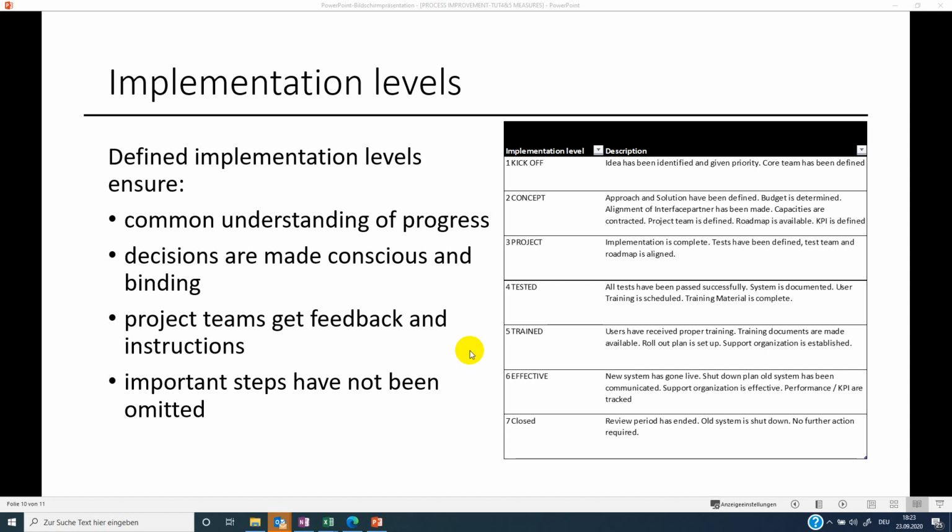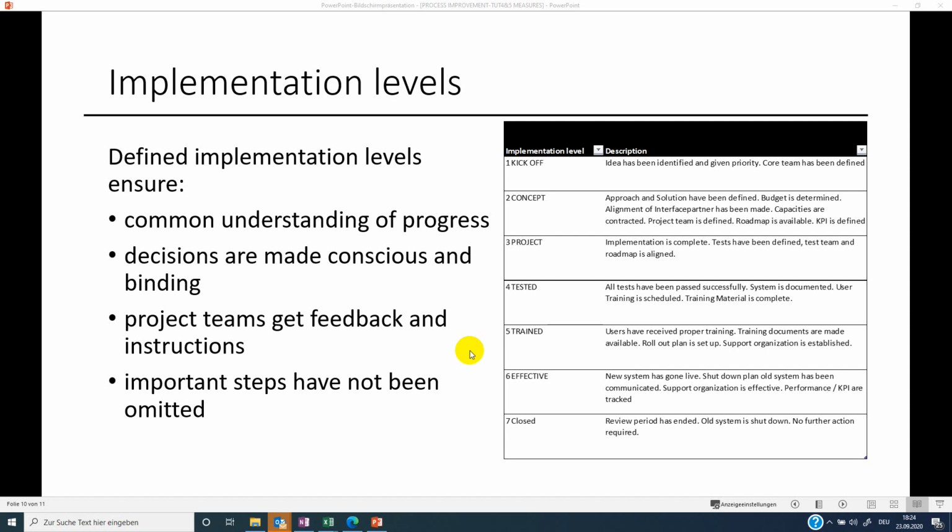Next, project teams get feedback and instructions. So it's not a one-way, it's a two-way road. When you ask whether the concept is accepted, you require an answer, and that gives you a green light and peace of mind that you're now able to head on with whatever you want to implement.